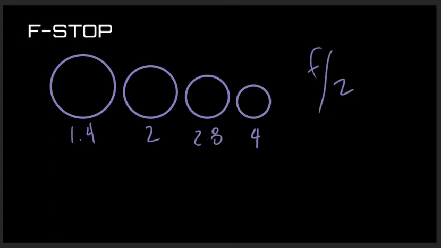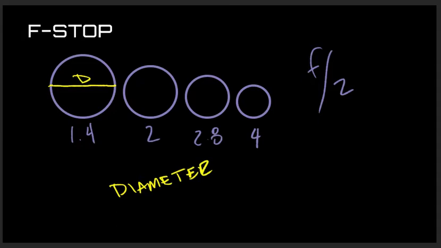But there are two things that are really important on top of F-stop if we're trying to understand aperture. The first one is we need to know the diameter. You probably know this from math or geometry. The diameter is the measurement across a circle. So that would be the diameter.